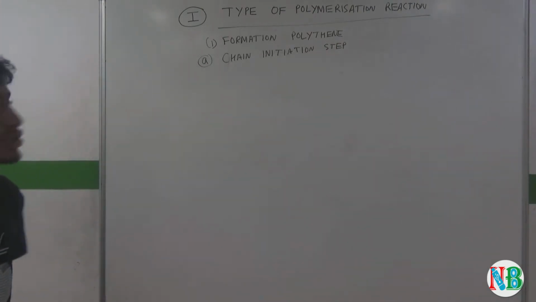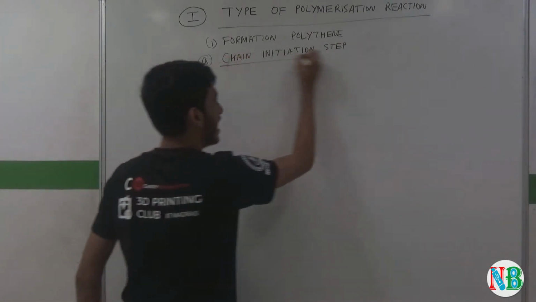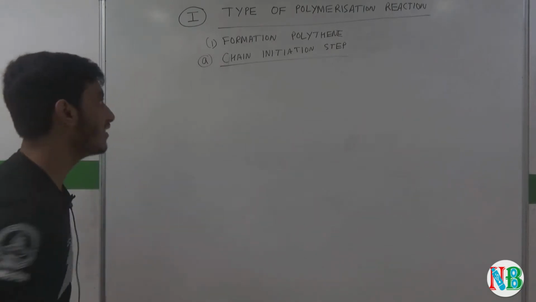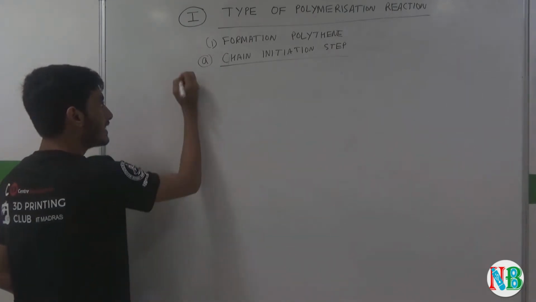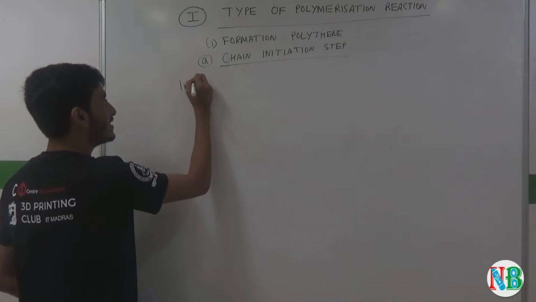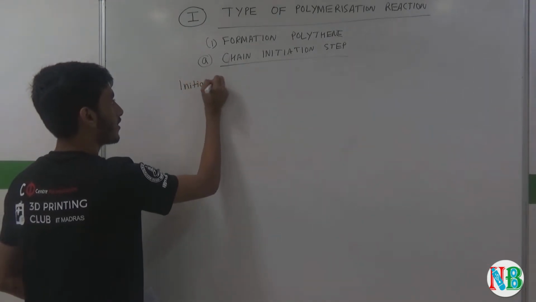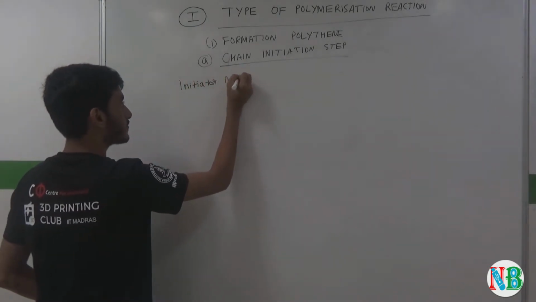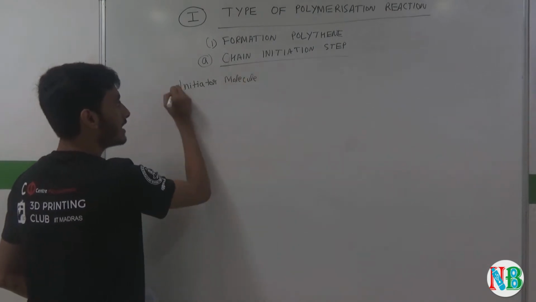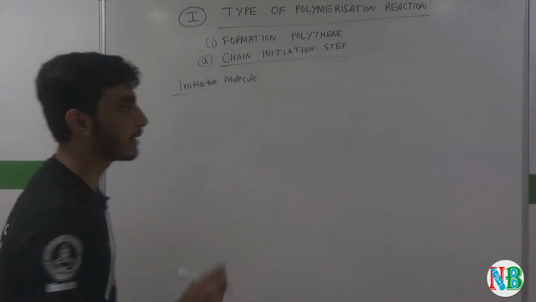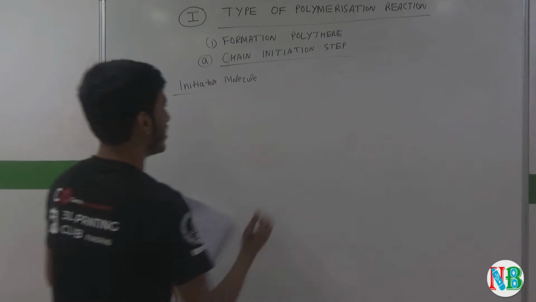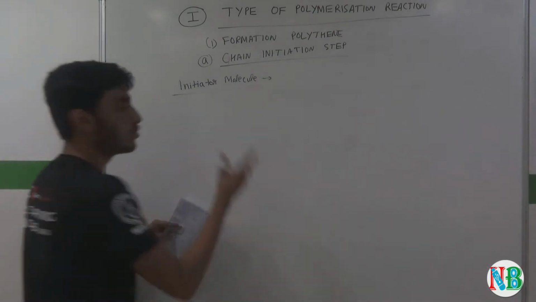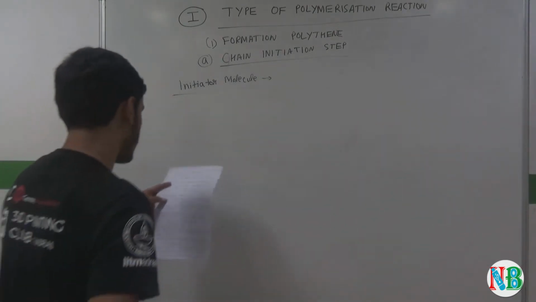Okay, so in the first step, what happens is that first of all you need an initiator molecule. There is a molecule known as an initiator molecule. This molecule is actually not a part of the compound. It just boosts the process.